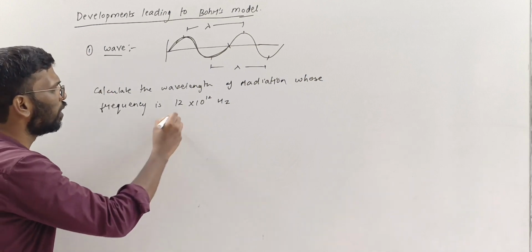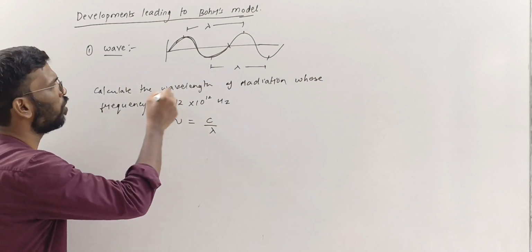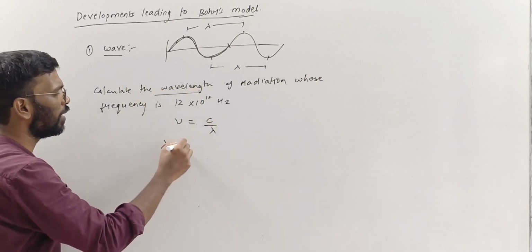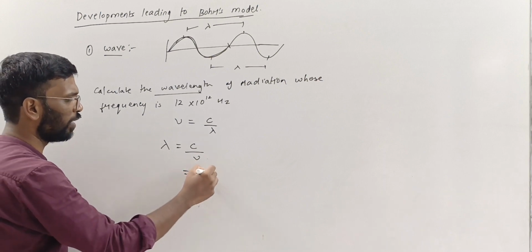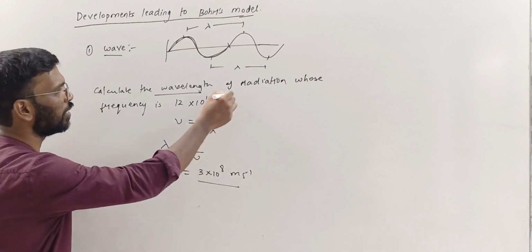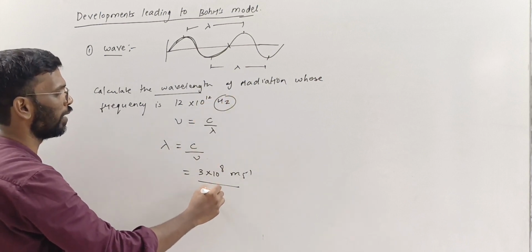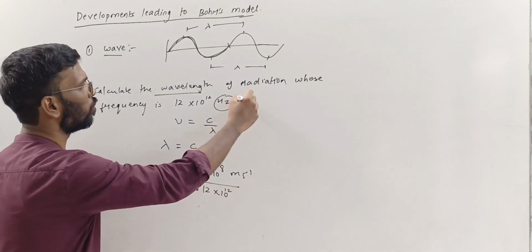It's very simple. We know that nu is equal to c upon lambda. We are told to find the wavelength, so lambda is equal to c upon nu. c is the speed of light, 3 into 10 raised to 8 meter per second, and the frequency is 12 into 10 raised to 12 hertz, which is per second.